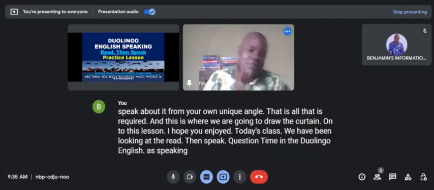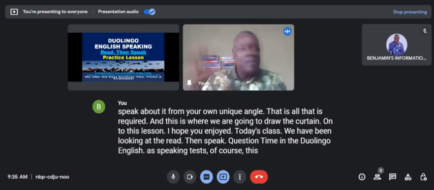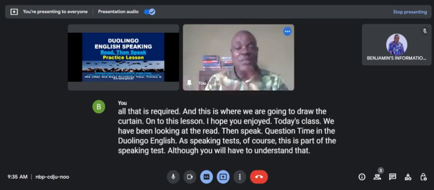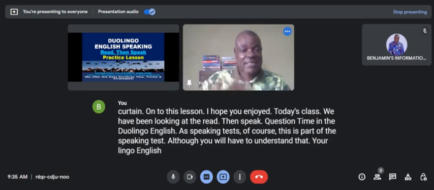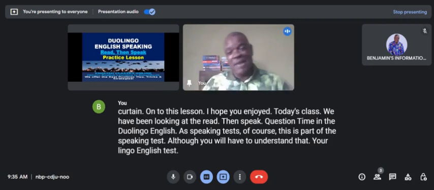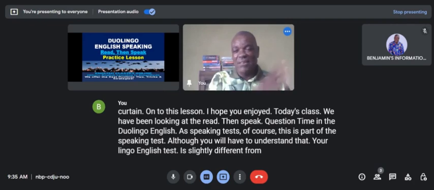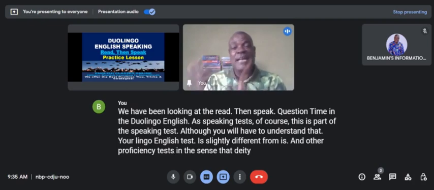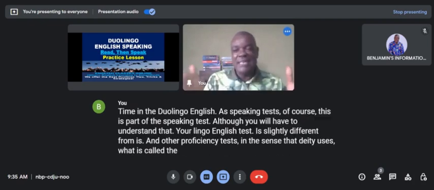Of course, this is part of the speaking test, although you will have to understand that the Duolingo English test is slightly different from IELTS and other proficiency tests in the sense that the DET uses what is called the adaptive test.